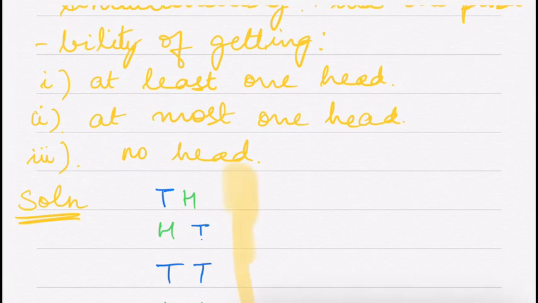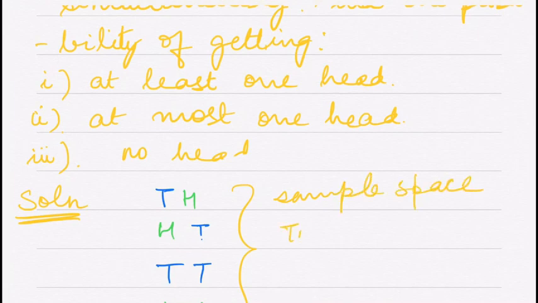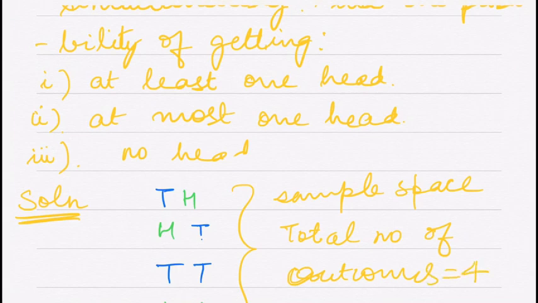This is my sample space. My sample space shows that the total number of outcomes is 4, right?